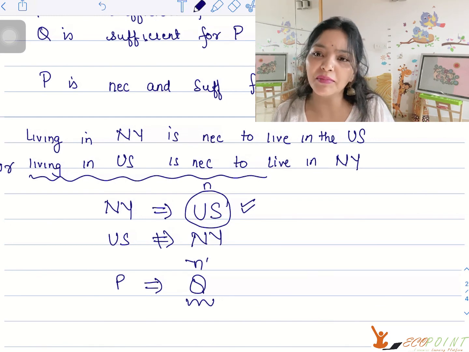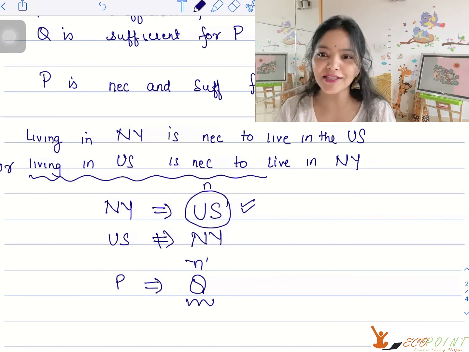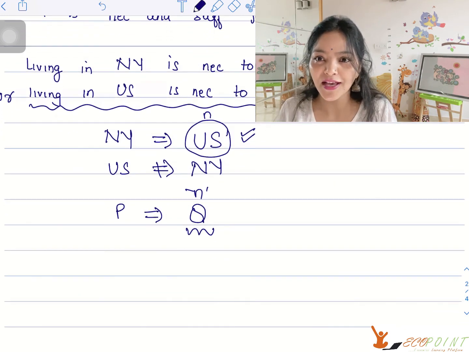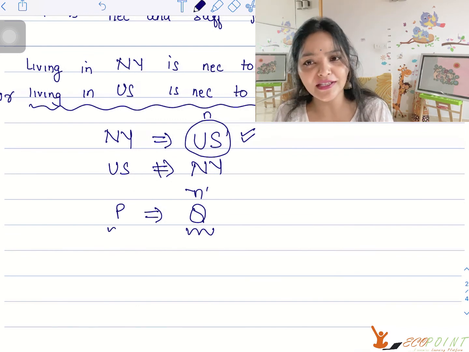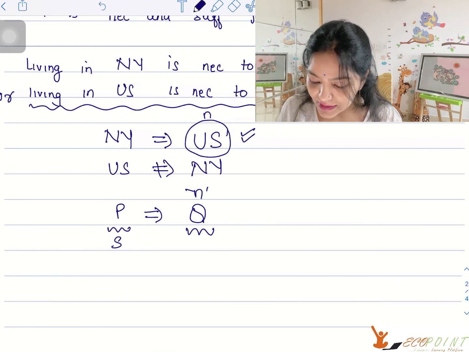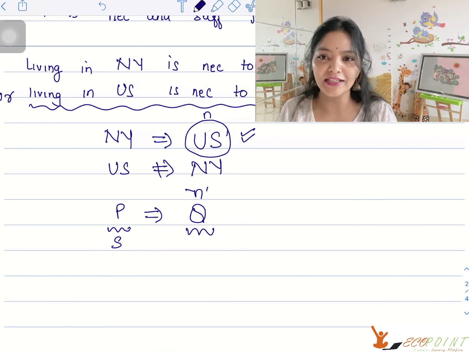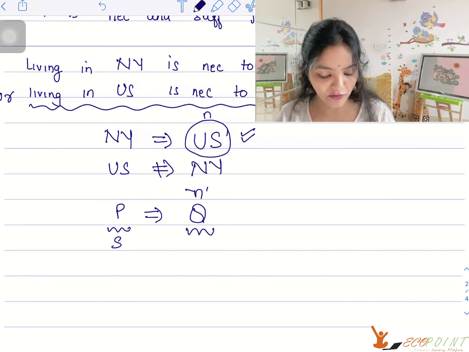If you get to know that I am living in New York, doesn't that automatically imply that I am in the US? So that basically means it's a sufficient criterion for me to be in the US, right? So P is the sufficient part of any implication, and Q is the necessary part of any implication.